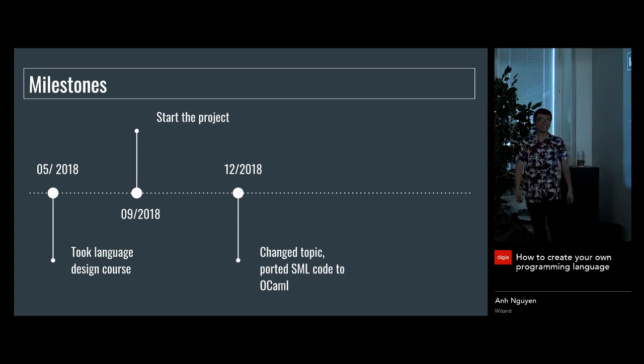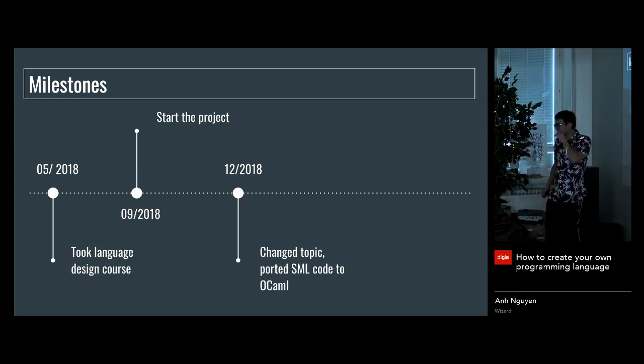So, okay, I thought, why do you do that to me? I took a look at some other alternatives, and I decided to use a framework to create a compiler instead of doing a full-stack compiler.